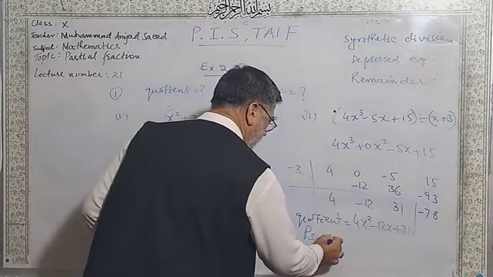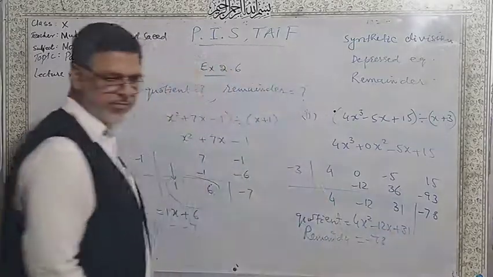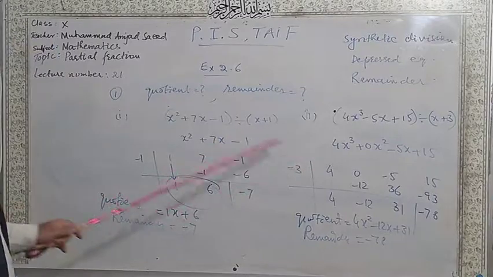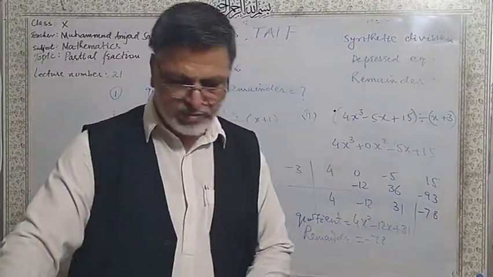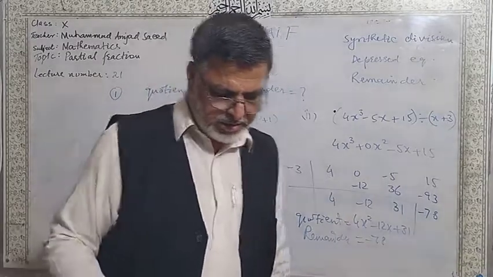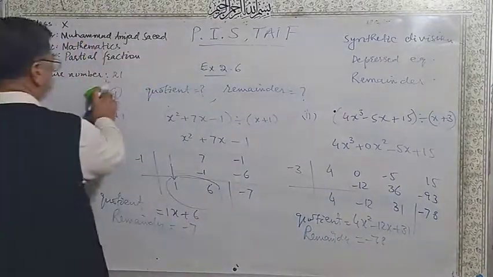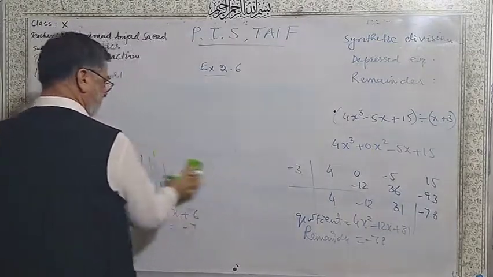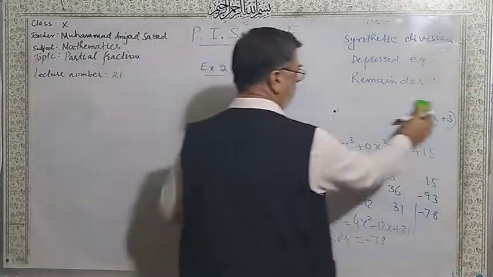And the remainder is equal to minus 78. Dear students, I hope that you understood these parts and you can easily find the remainder and quotient of this. After that, we will have our next question. You can do point number 3 by yourself.